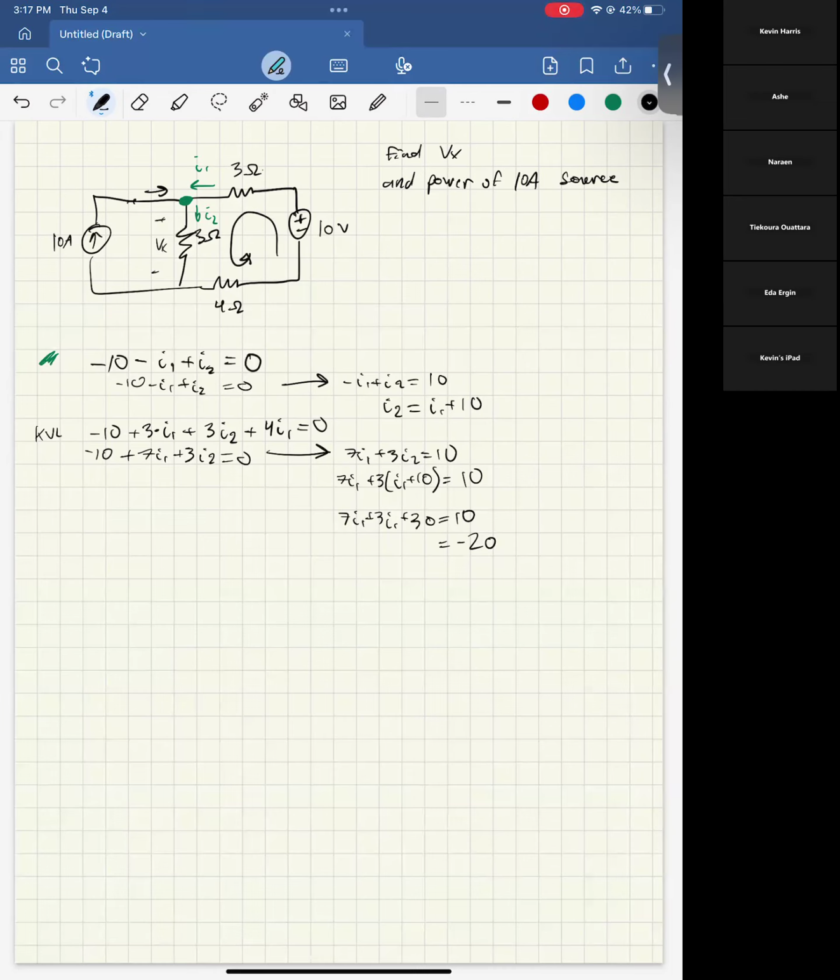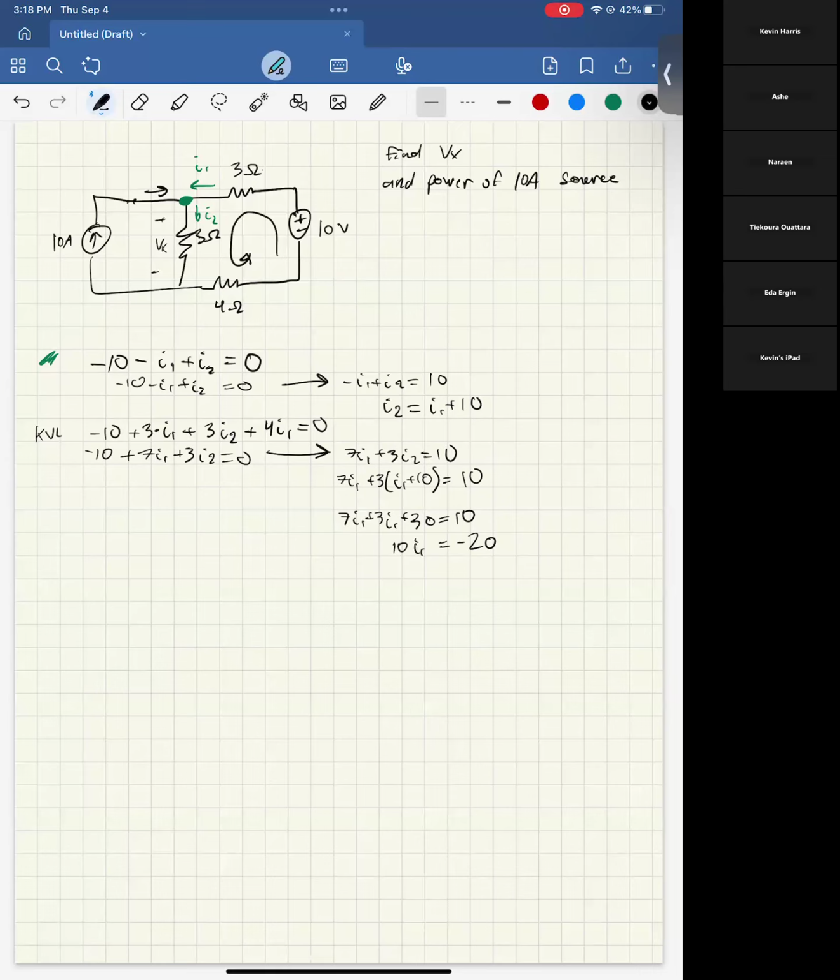Let me see what happens here. So 10. Oh, okay, wait. Oh, actually, yeah, I think this is right. Yeah, okay, it's just kind of odd.